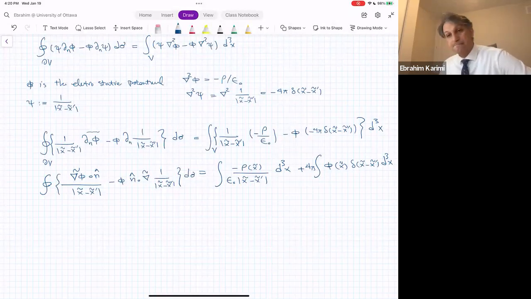Okay, what I have done is just expanded the derivative with respect to n, which is equal to n dot gradient. That's the only thing that I have done.